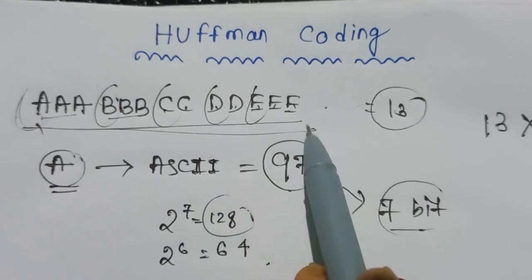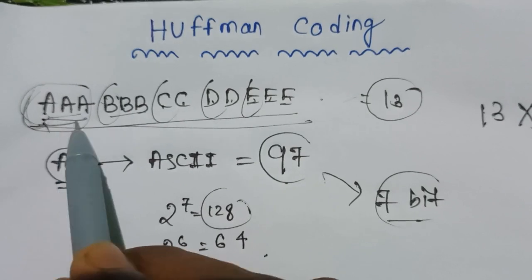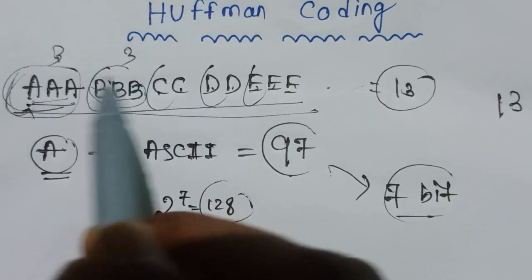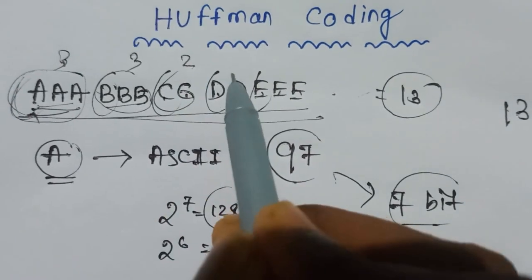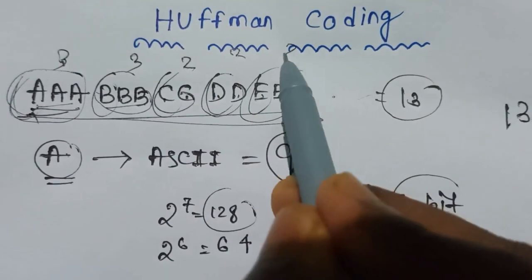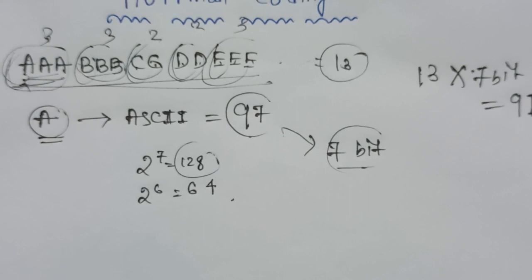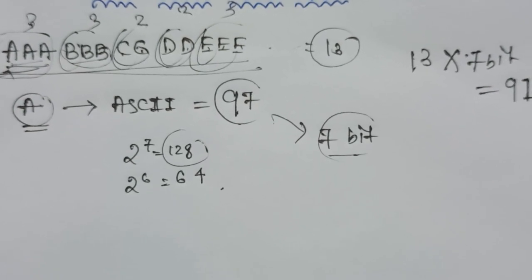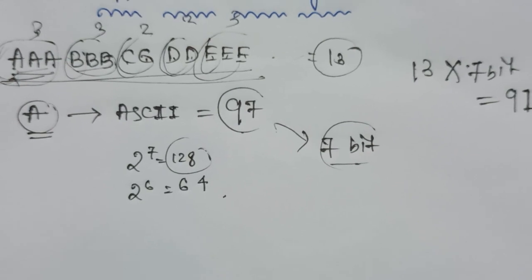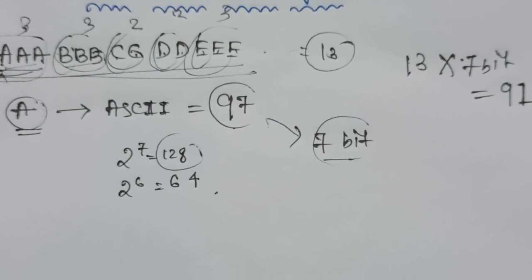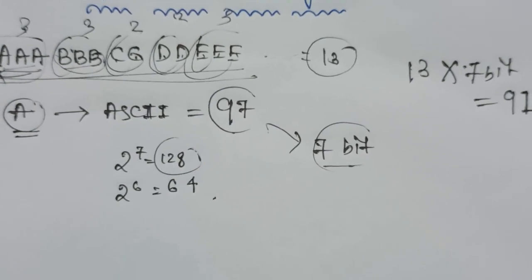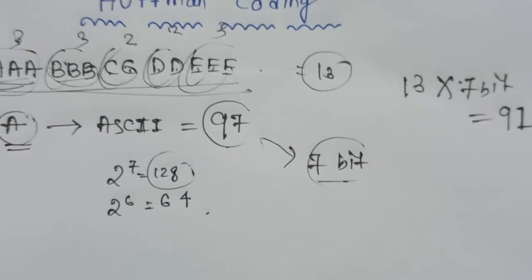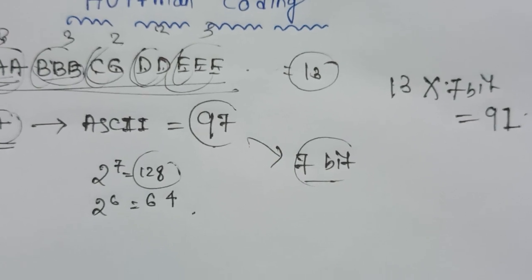If a message is given, then you simply count: the frequency of A is 3, B is 3, C is 2, D is 2, E is 3. Most of the time, the frequency is already given in the question, so we do not have to count. But if not given, then you count simply in the message.